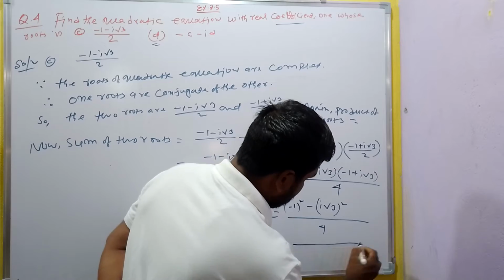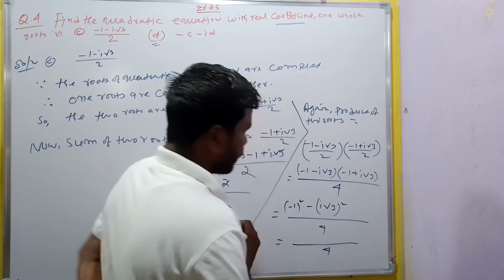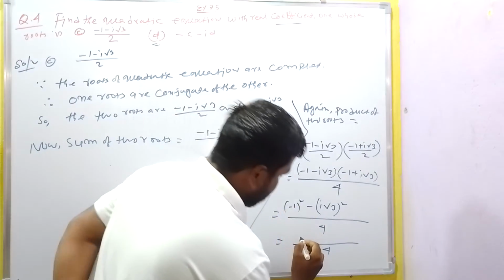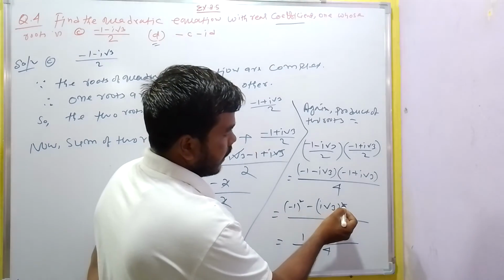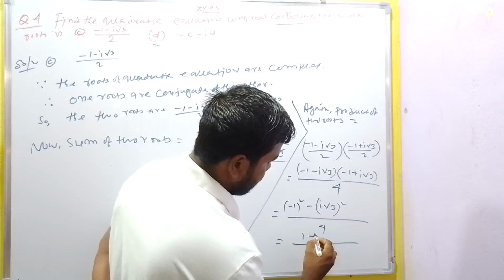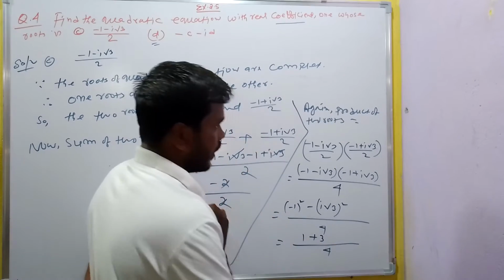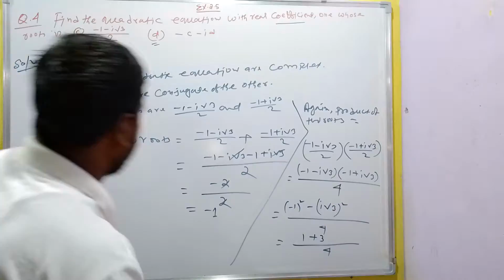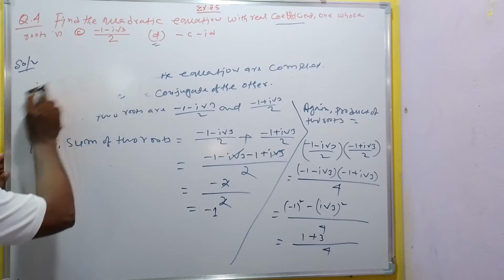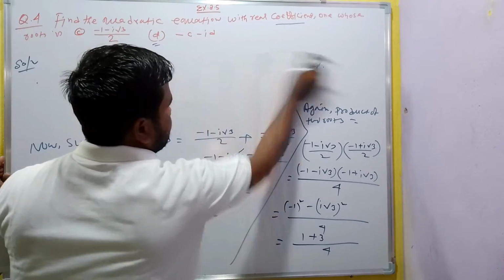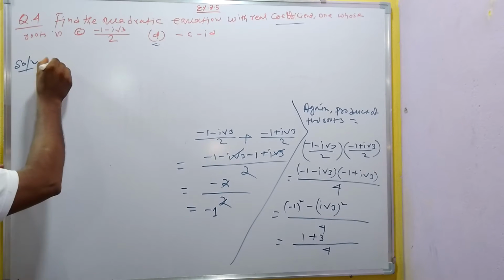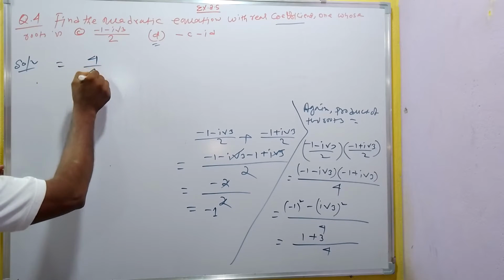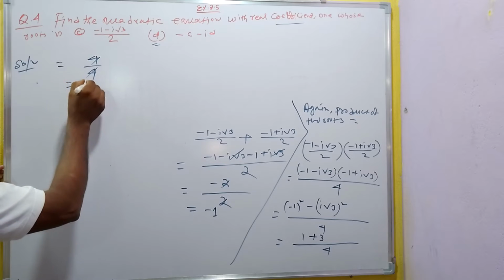Now (-1) square is 1, and i square means -1, then the square root is cut. So minus minus is plus, which equals 3. Now 4 by 4, cut this, so you got 1.